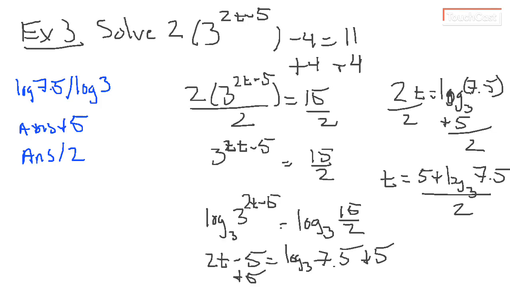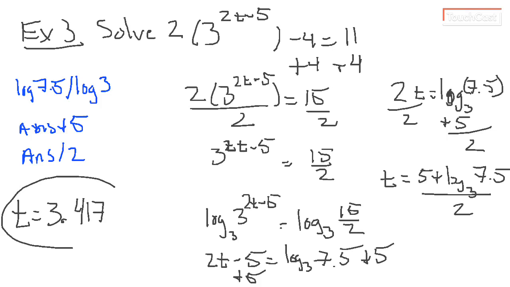Now what that's going to give us, if we round it, is a value that t is about 3.417. And that wraps up example 3.